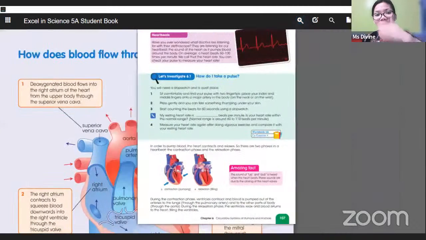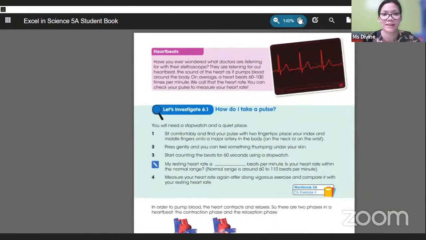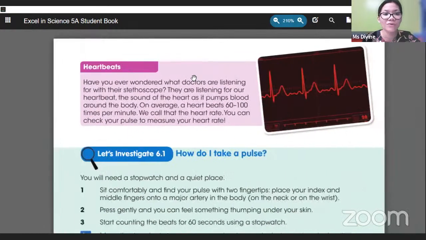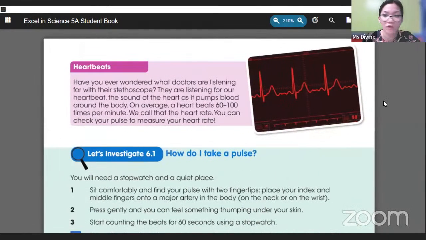Okay, let's continue. Heartbeats. Have you ever wondered what doctors are listening for with their stethoscope? Doctors use a stethoscope to hear our heartbeat, because our heartbeat tells us if our body is healthy or not.